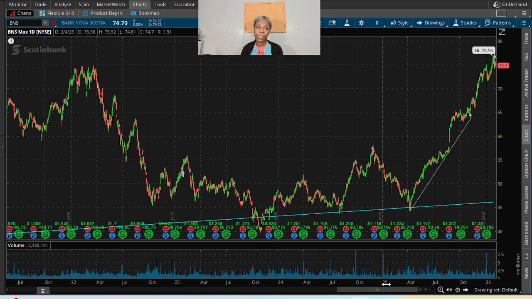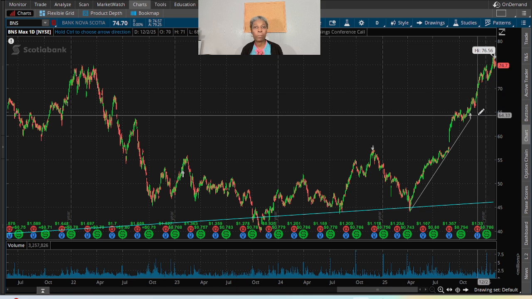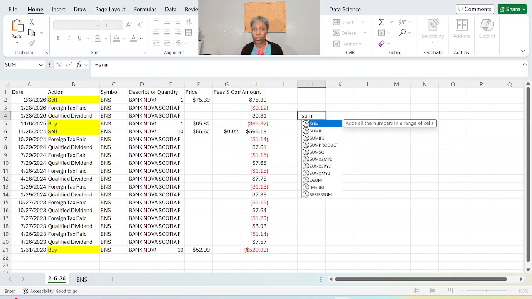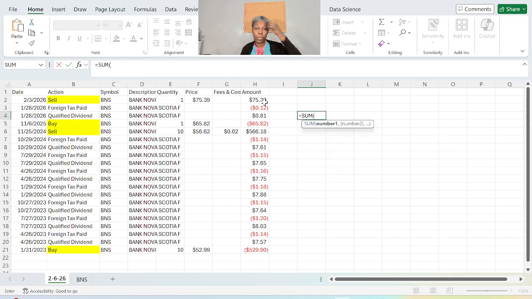You can see that even with these stocks, I only purchased one share of it and made $10 within 3 months. And we can try to calculate the return on that. The way I like to calculate it is, let's just do the sum of all of this.